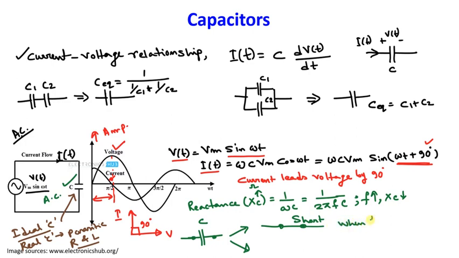When f is very high, right, the same capacitor will behave as an open circuit when f is very low, right. So even in DC circuit, the capacitor will behave as an open circuit, right.